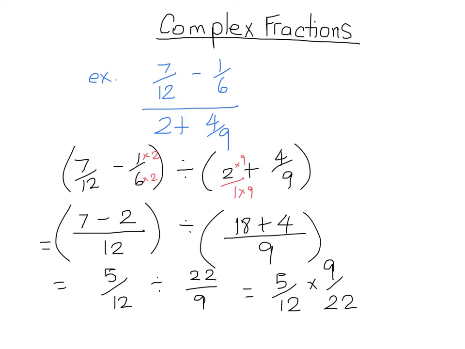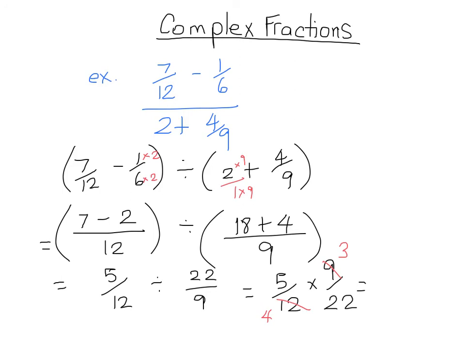All right, at this point, things get a little bit easier. So all we have to do is now multiply the top by the top and the bottom by the bottom. Or if we want to have a slightly easier time here, we can just reduce our fractions a little bit. 3 goes into 9 3 times, and it goes into 12 4 times.